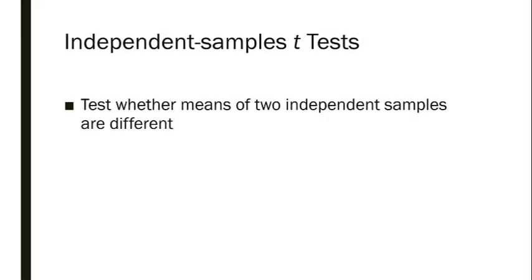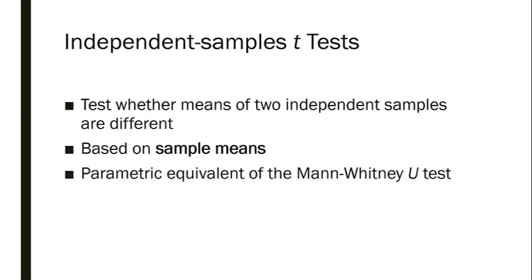Independent samples t-tests test whether the means of two independent unrelated samples are different. So we're comparing means of two different groups. They're based on the two sample means. The independent samples t-test is the parametric equivalent of a Mann-Whitney U-test, which we covered back in topic 4.